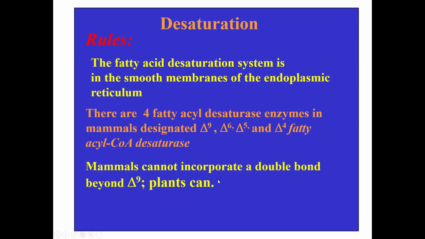Mammals cannot incorporate a double bond beyond delta-9, but plants can. This is a very important thing: mammals can incorporate a double bond only at delta-9, between carbons 9 and 10.